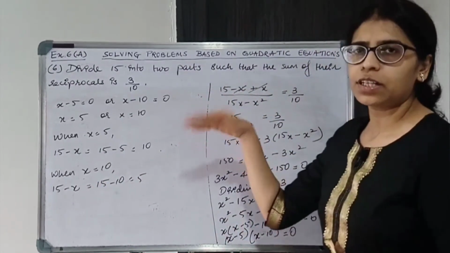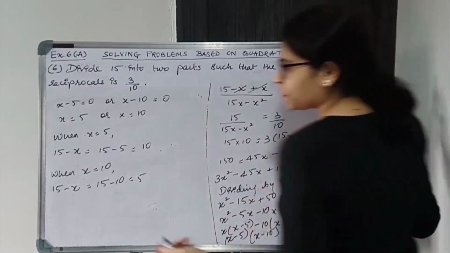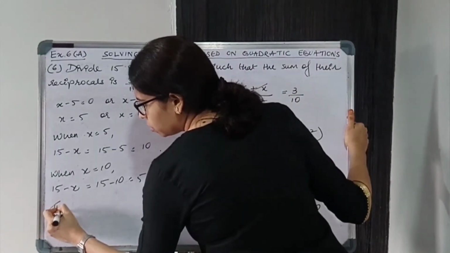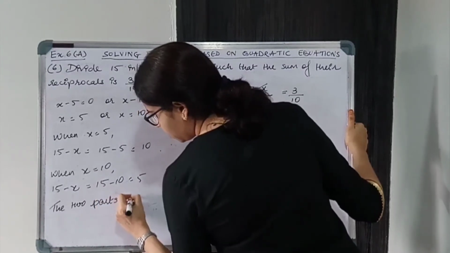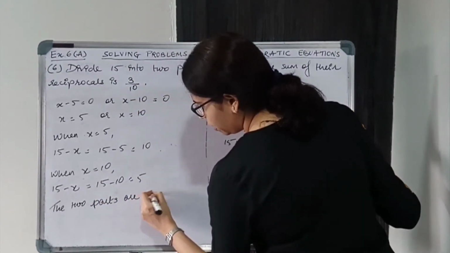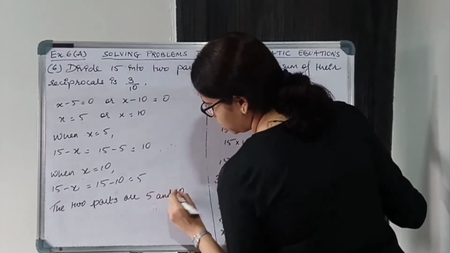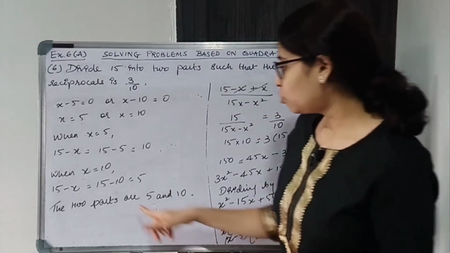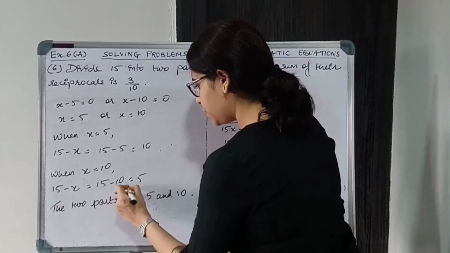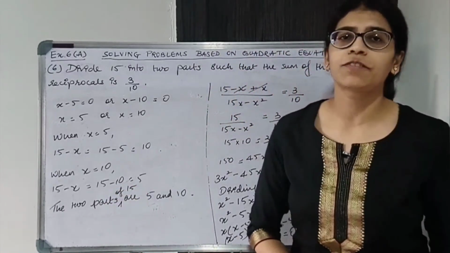So it can be 5 and 10 or 10 and 5. Alright, so just write down, the two parts are 5 and 10, okay, in any order. So the two parts of 15 are 5 and 10.